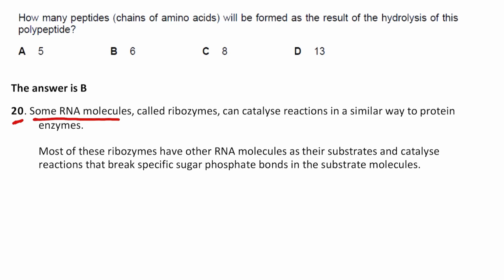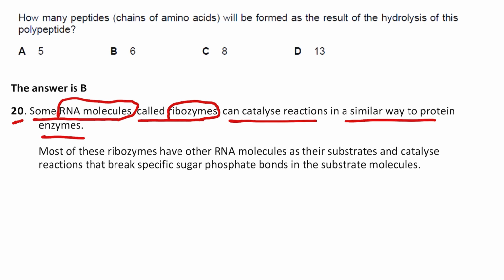Some RNA molecules called ribozymes can catalyze reactions in a similar way to protein enzymes. So guys, in this MCQ, they are saying that there are some RNA molecules which are called ribozymes. They act like enzymes, which means they can catalyze reactions in a similar way to protein enzymes.